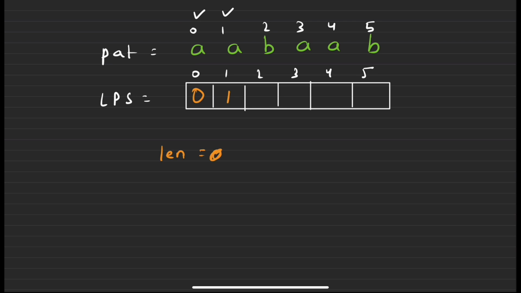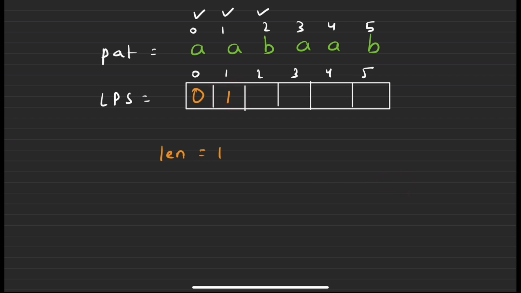And also simultaneously put the value 1 here. Now, what does this signify? If we take this much substring, that is A and A, what is the longest prefix for this? This A, right? And what is the longest suffix? This A, right? And what is the length of the longest prefix suffix? It is 1, right? So that's why we got 1 here, okay?